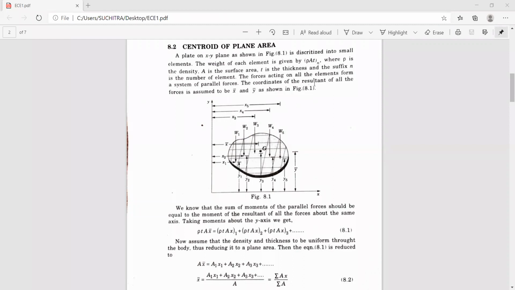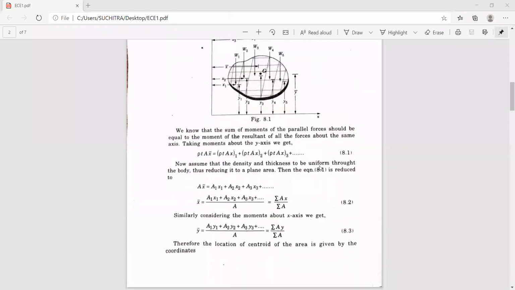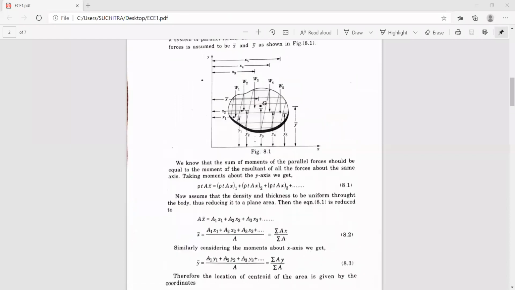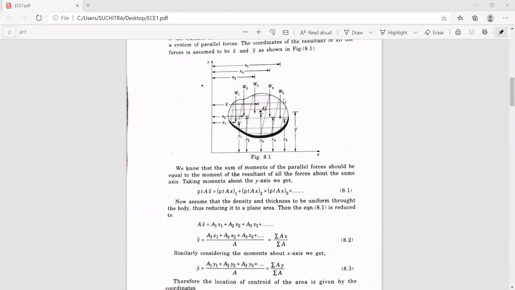Now, the coordinate of the resultant of all the forces is assumed to be x bar and y bar as shown in the figure. What we have done is we have considered a plate, and this plate is discretized into a number of small elements, and each element has a certain weight, which acts at the center of each individual element.